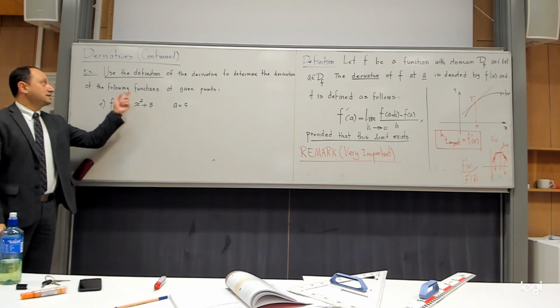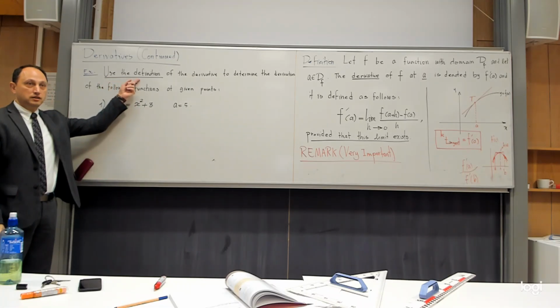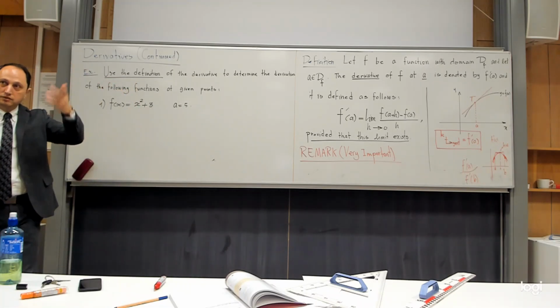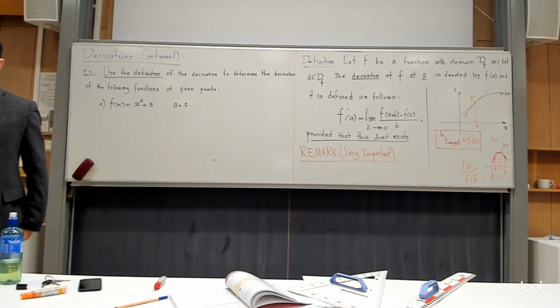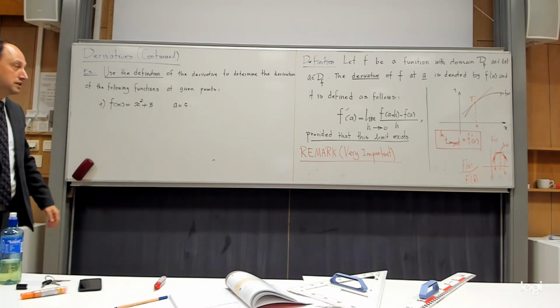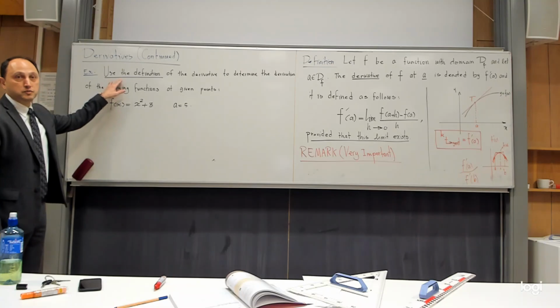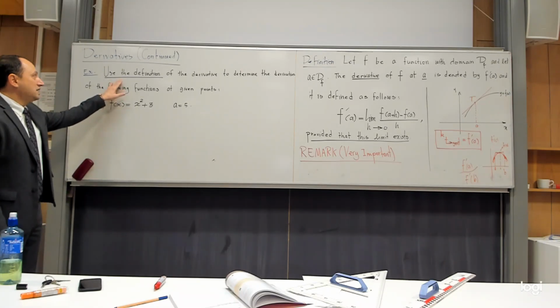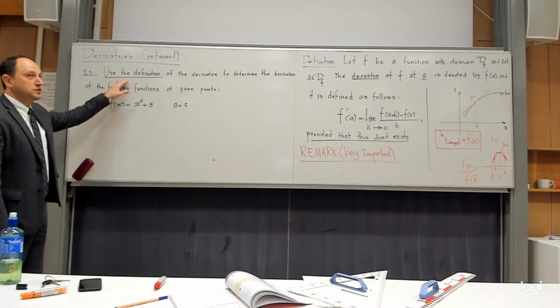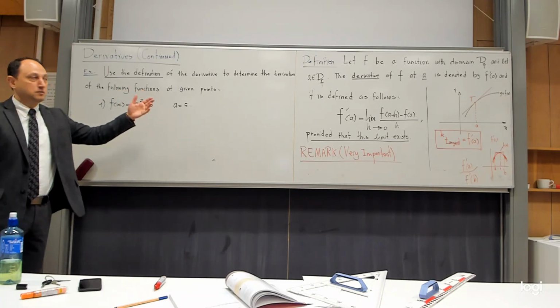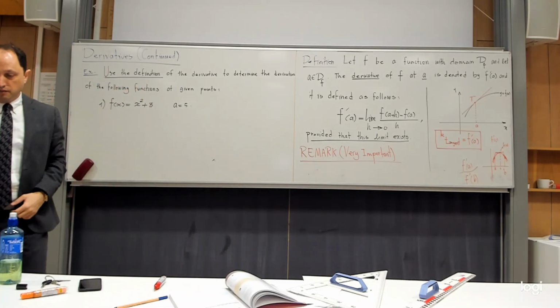But if in the exam you see use the definition, even if you know the simple way and you can find the answer exactly, you will not get any points if you do not respect this. In Cambridge A level, they say use the first principles. And that is the meaning of use the definition. That's the same thing. Okay?